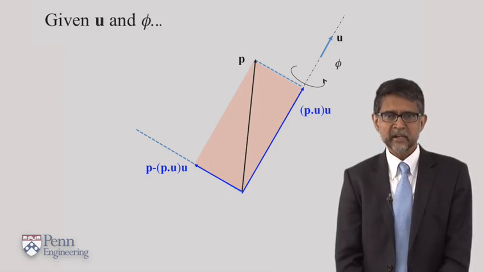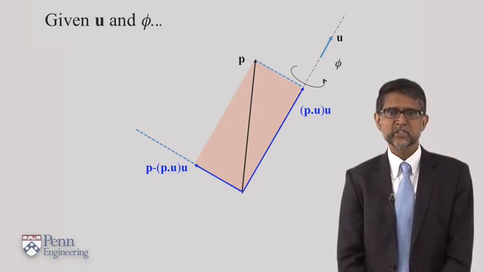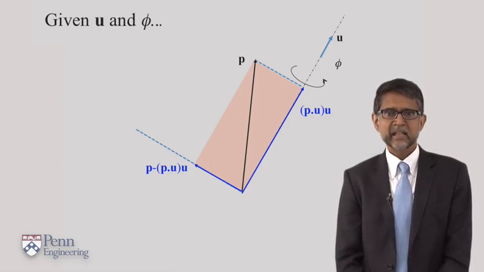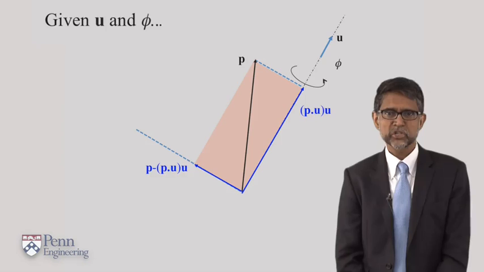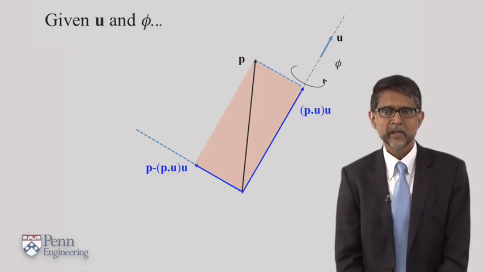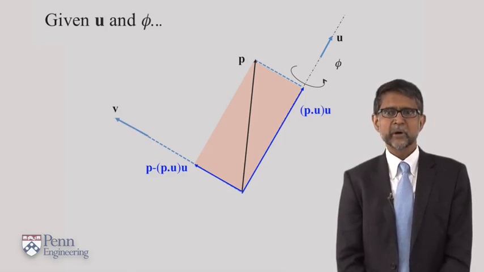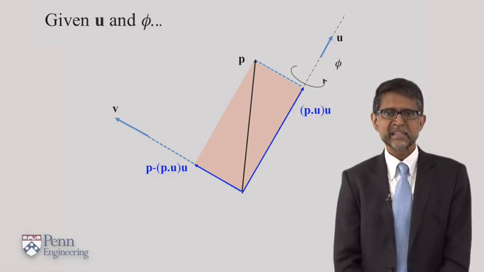Now it's clear that the component of the vector that's along the axis is never changed by the rotation. In other words, the vector (p dot u) times u remains unchanged by the rotation R. But the perpendicular component, which is along v, will get rotated.